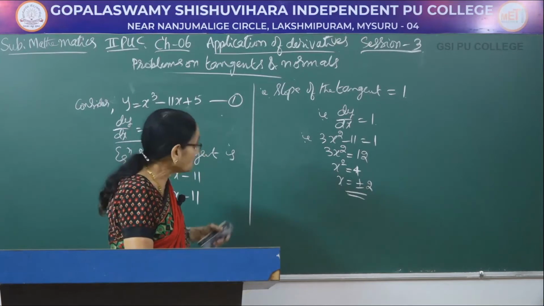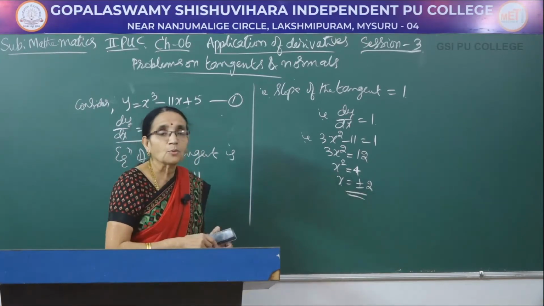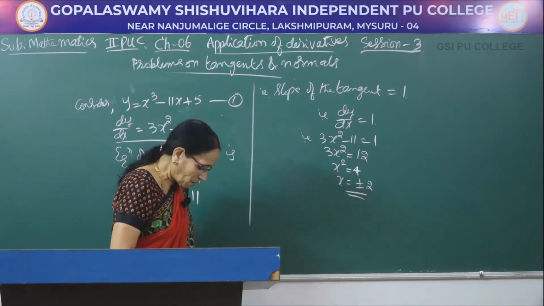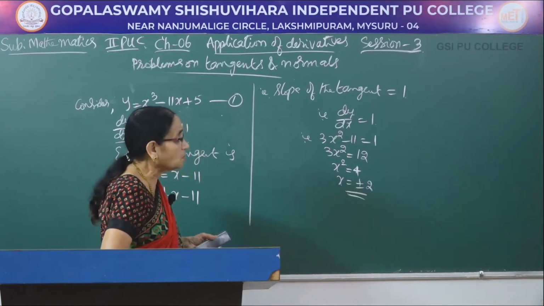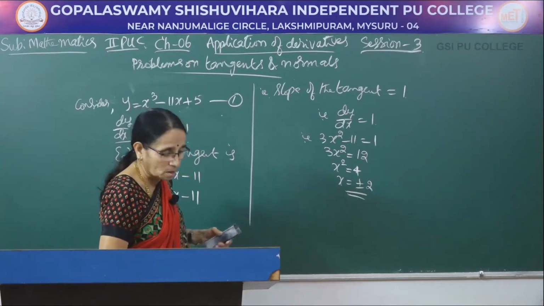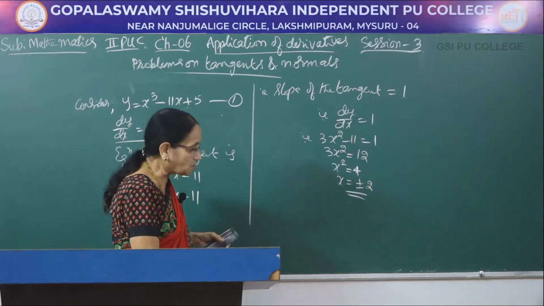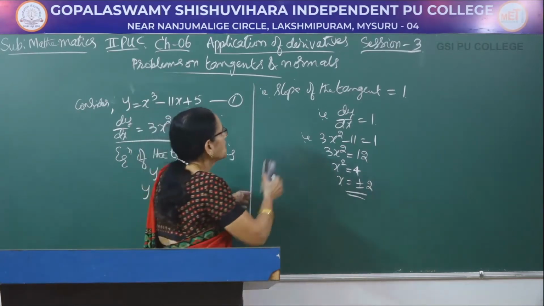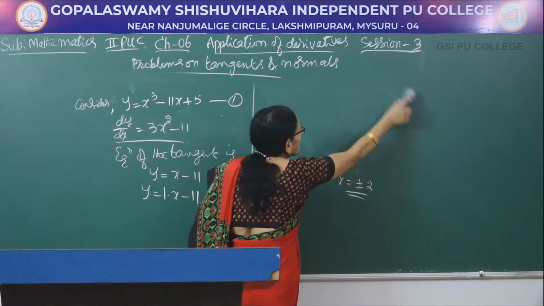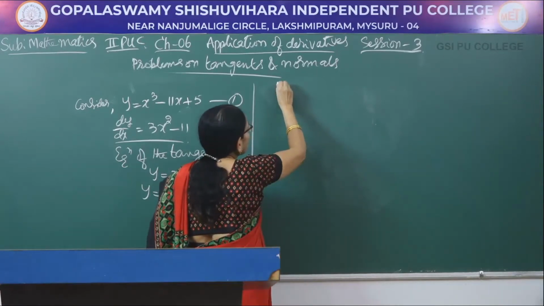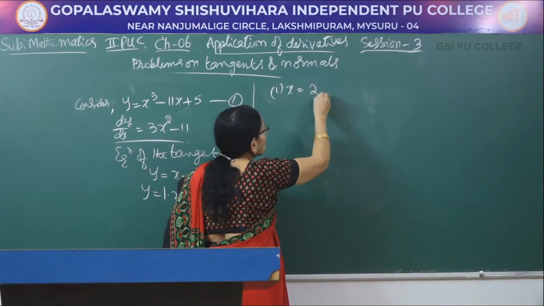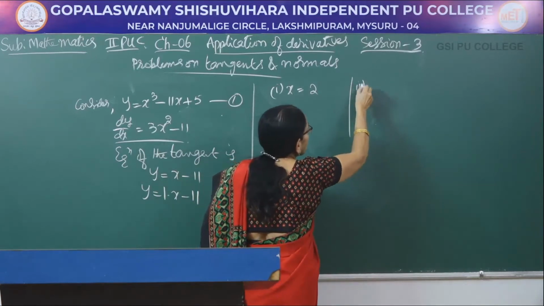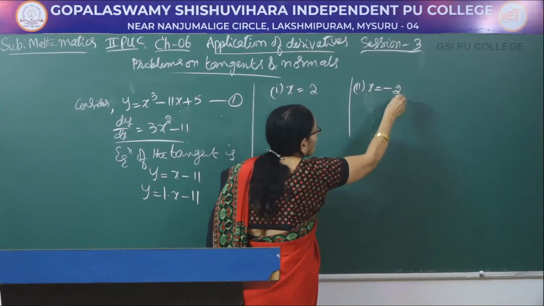So, though in the problem they have asked to find the point, let us see whether we should consider both the points or not here. So, x is equal to plus 2 or x is equal to minus 2. Now, let me consider both the values here. First one is x is equal to 2, second one is x is equal to minus 2.